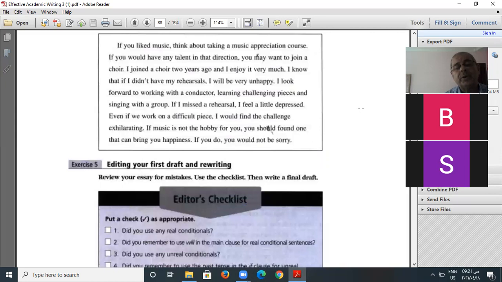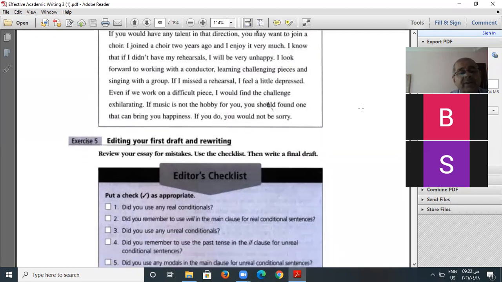So why did we do this exercise? Because we use real or unreal conditionals in the essay about cause and effect. We can use conditionals in the essay we are going to write about what? Cause and effect. Okay.